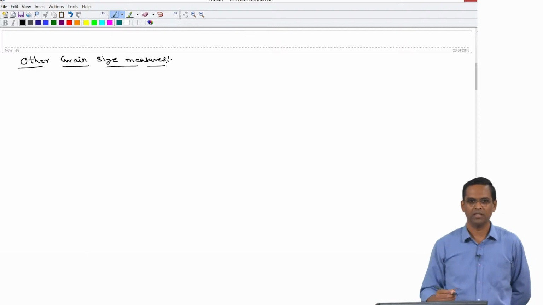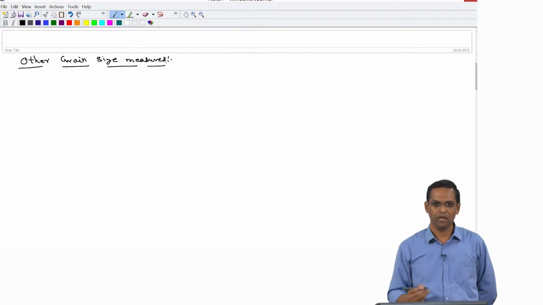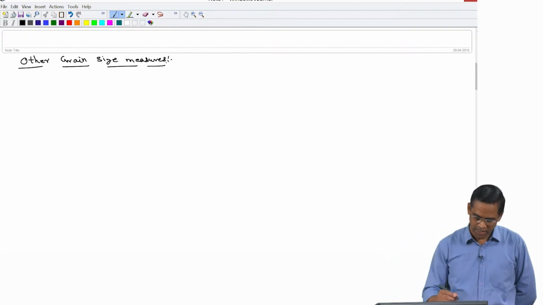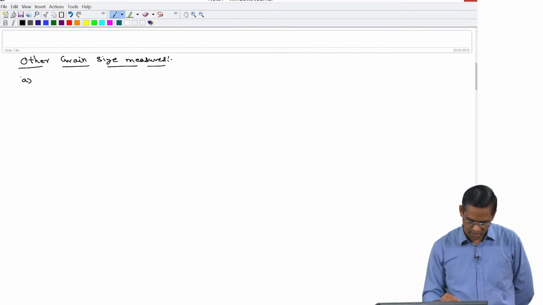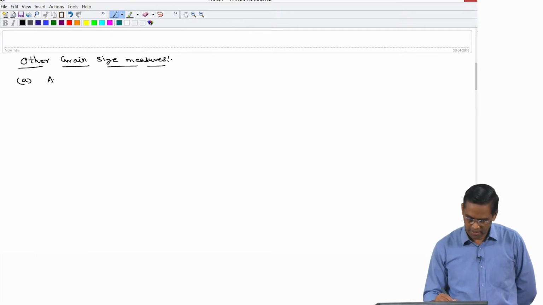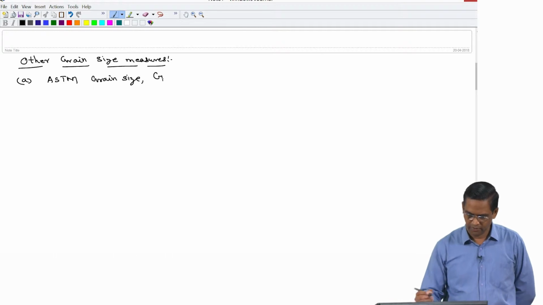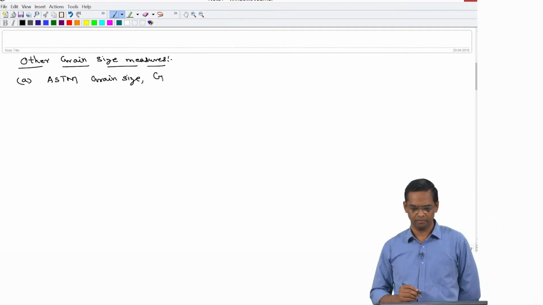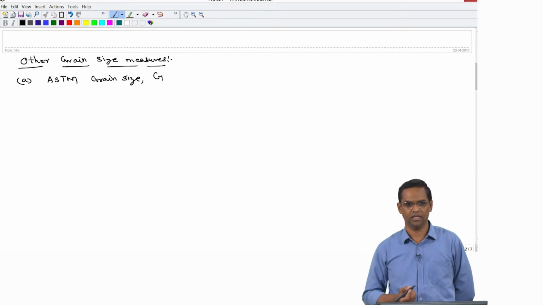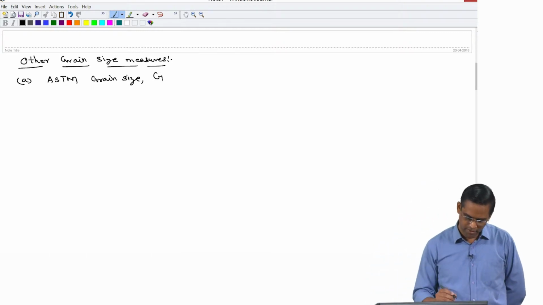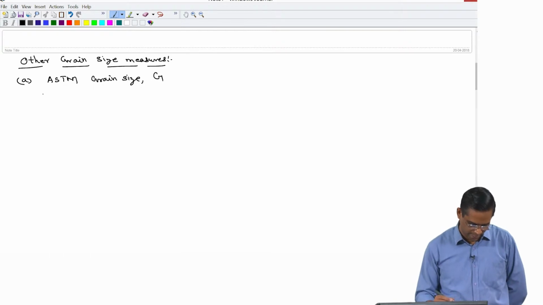Like it is mentioned in the lecture, there are popular grain size measures available. So, we will first take up the ASTM grain size G, very popular in the industry and very widely used even in academics. So, what does it say, the ASTM grain size number?